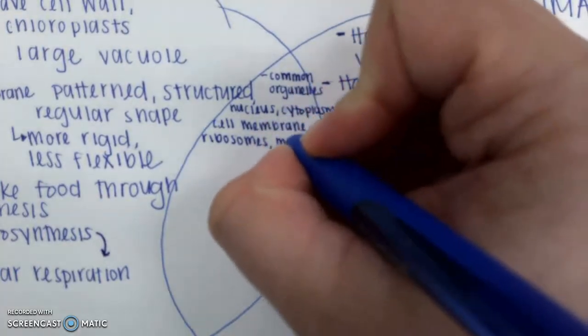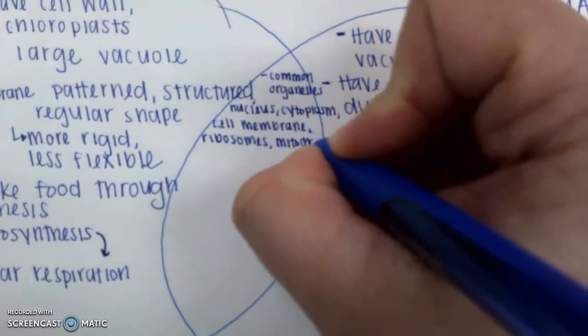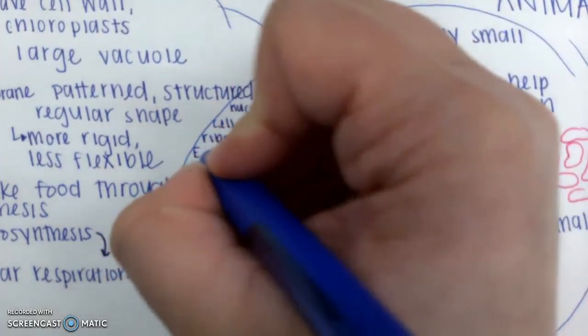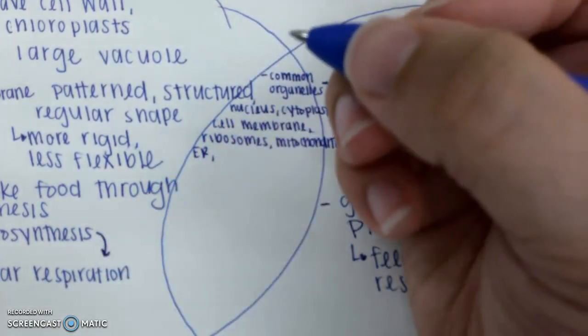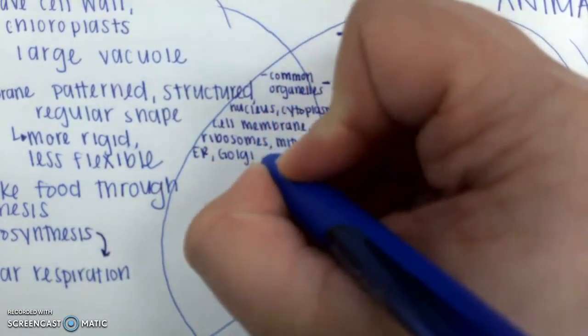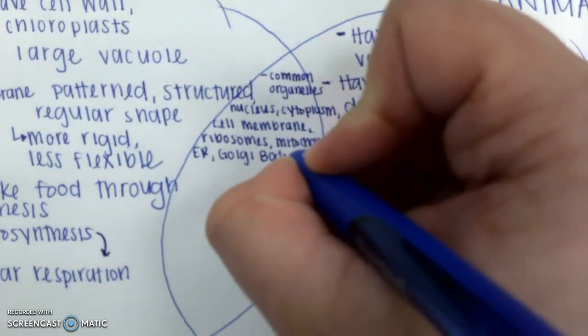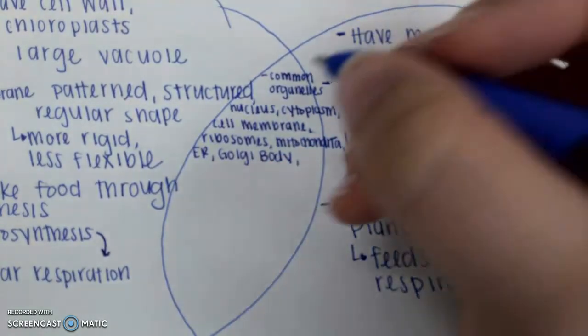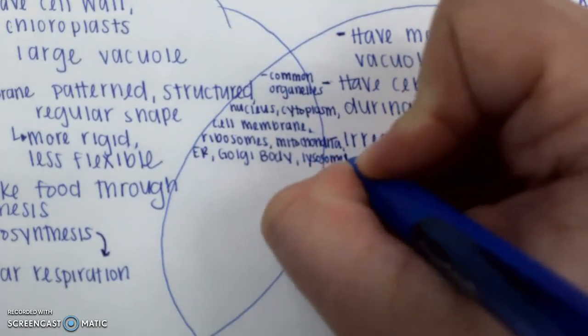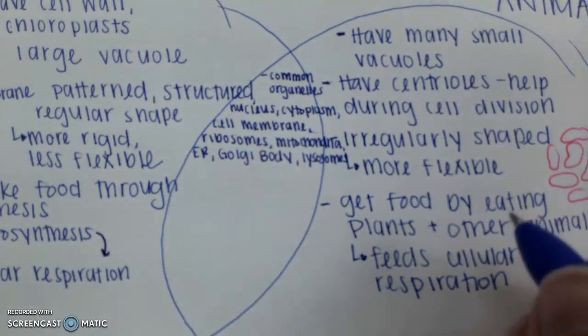Mitochondria. The ER, which is the endoplasmic reticulum. They both have Golgi bodies, also known as Golgi apparatus. They both have lysosomes. So that's all the organelles they have in common.